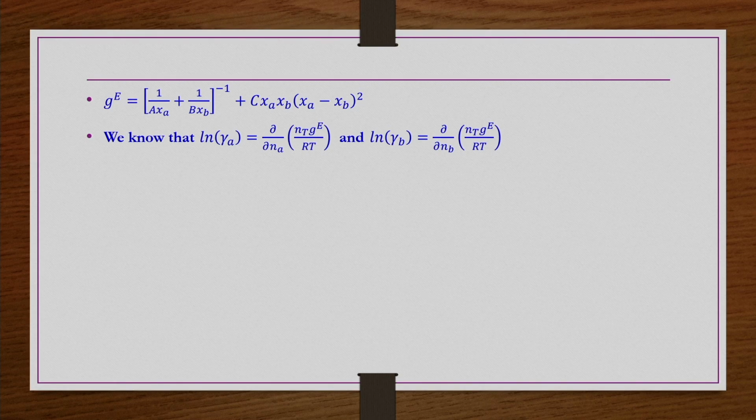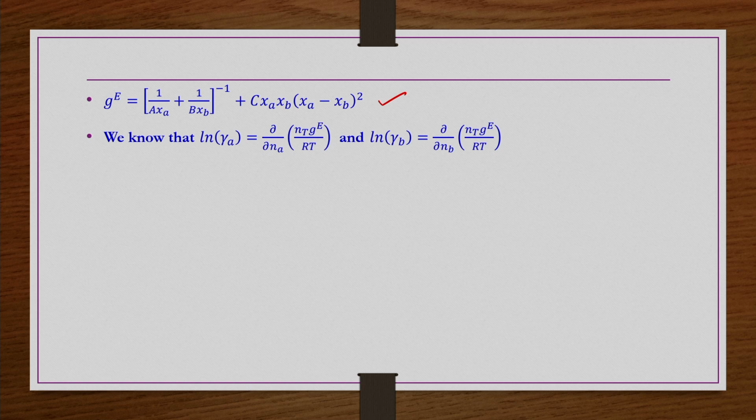So, GE is given by this one, and we know RT ln gamma A is nothing but dou by dou NA of (NT GE), and RT ln gamma B is nothing but dou by dou NB of (NT GE), that is what we know.